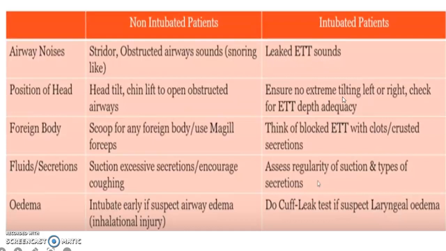Ensure no extreme tilting left or right. Check the ETT depth and adequacy with reference to previous documentation. Also check the tube for blockage, detectable with a glottis or crust of secretions, and you also have to rinse with 2 to 3 ml of normal saline and suction the secretions gently. You also have to assess the regularity of secretion and the type of secretion. The other is to do a cuff leak test if you suspect laryngeal edema.